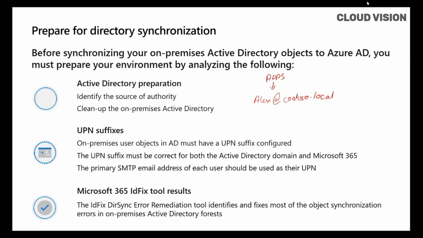So when you synchronize this identity to your Azure Active Directory, since Azure Active Directory cannot recognize this non-routable domain, it will create a different username, which is Alex at whatever the company name is, dot onmicrosoft.com. So it will use the default domain name.